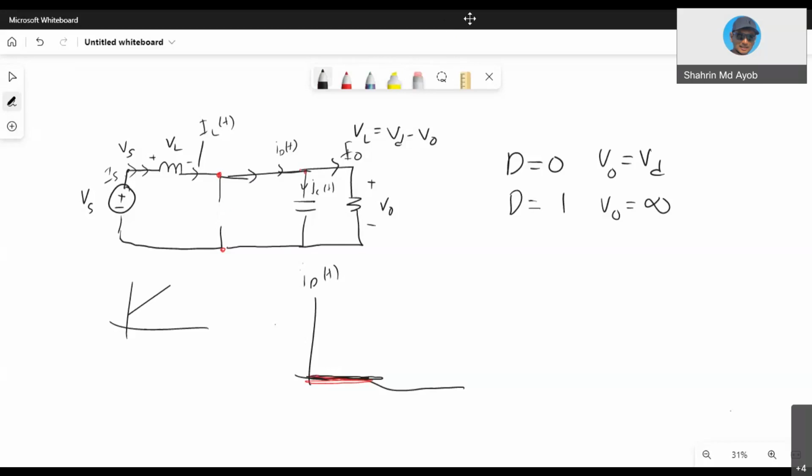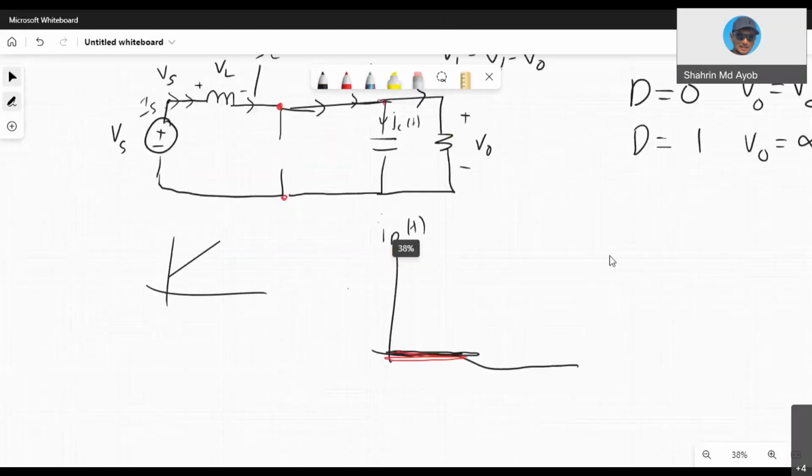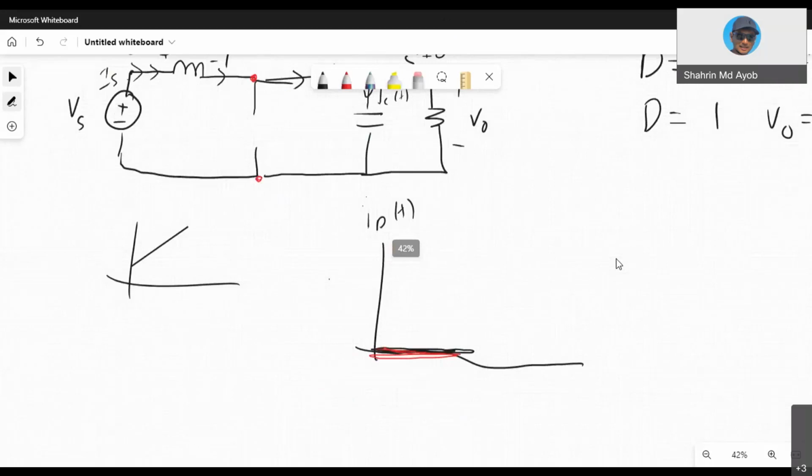Can you see? During the on state, the current of the inductor is charging, right? From minimum to maximum values. This is during T on. And then during T off, the inductor will discharge, again back to its minimum values.